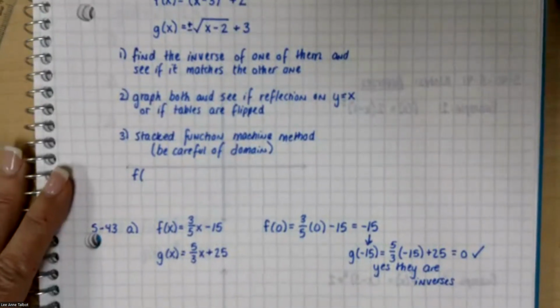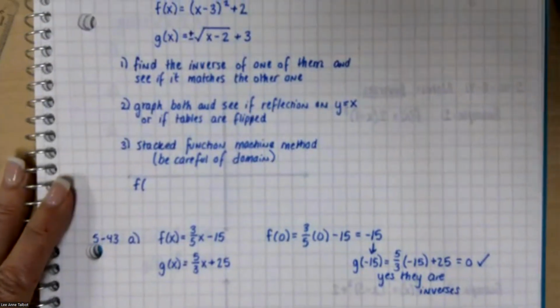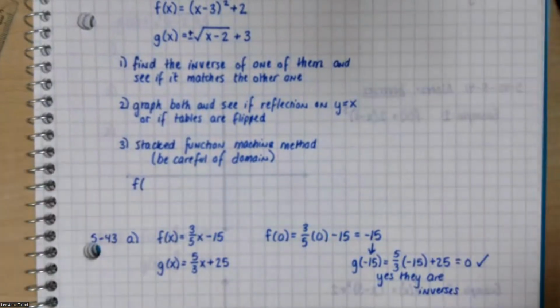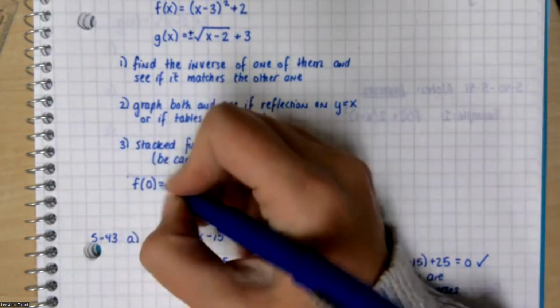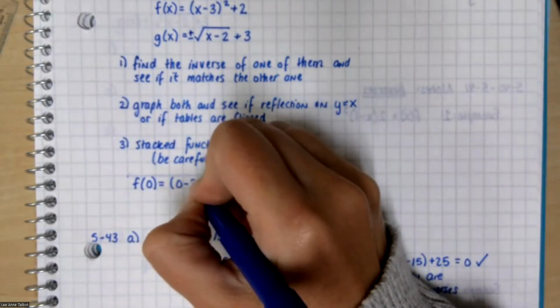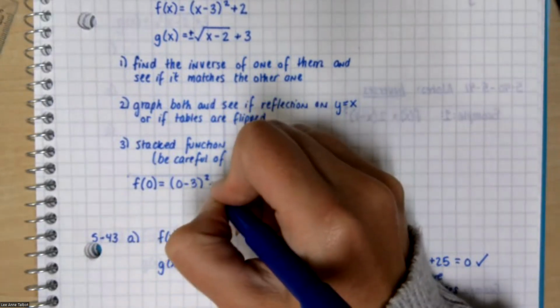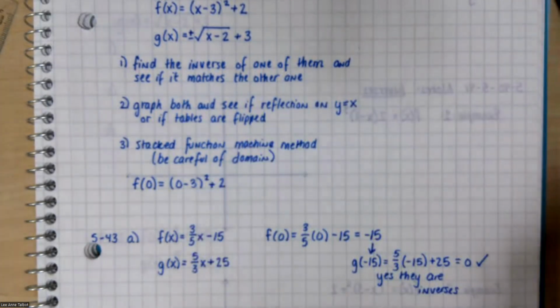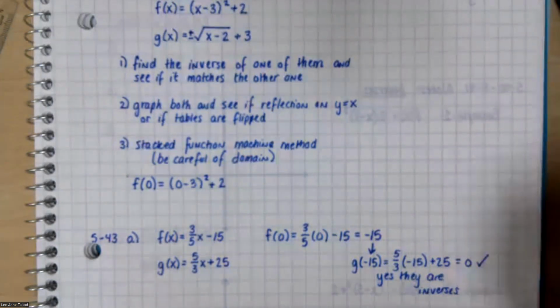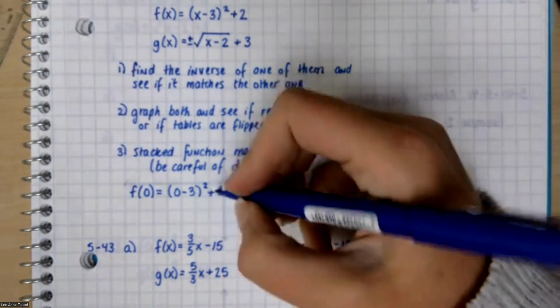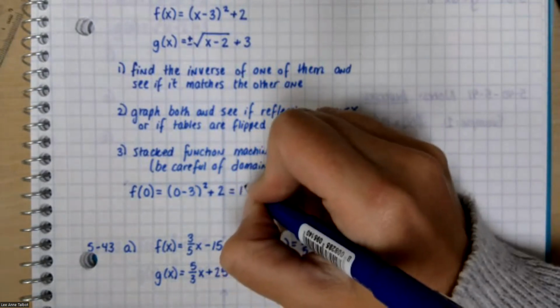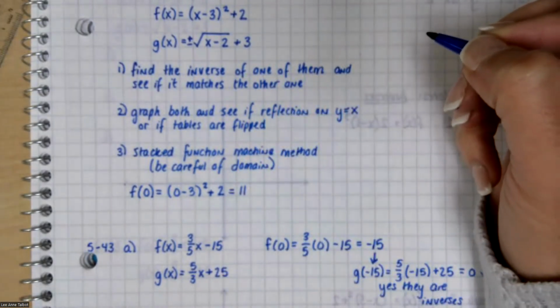Okay, we're going to test our theory here. And I saved this one for last because the domain is more important. Let's try 0. It might work. Is that really 11? Yeah, okay.